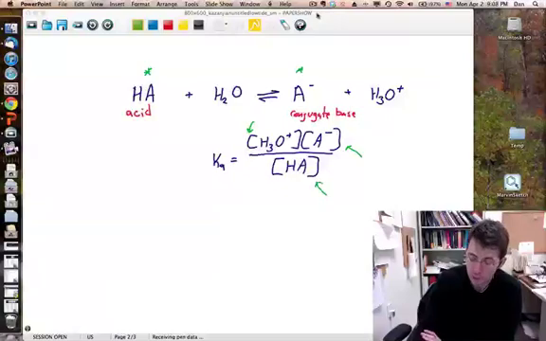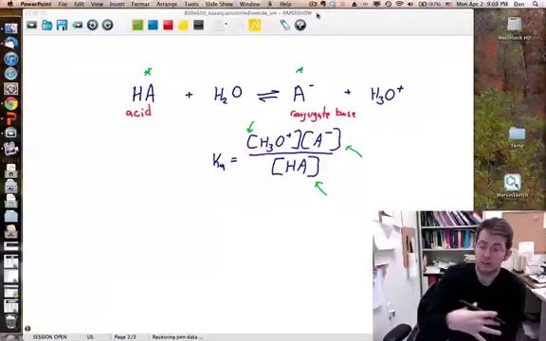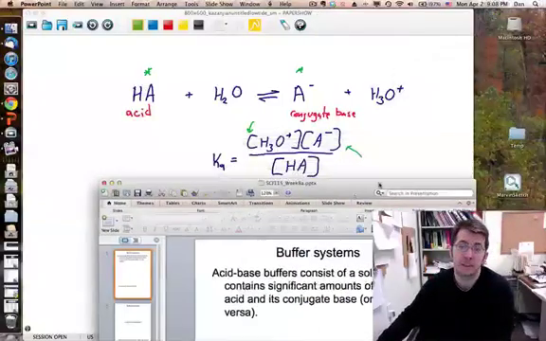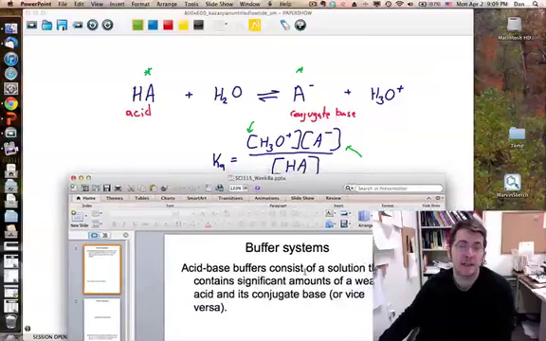Now, we can use this weak acid assumption that the amount of conversion between the undissociated acid and the conjugate base is very small in the absence of any external acid, basically making them constant. So this is the hallmark of buffer systems, systems that contain both significant amounts of a weak acid and its conjugate base.